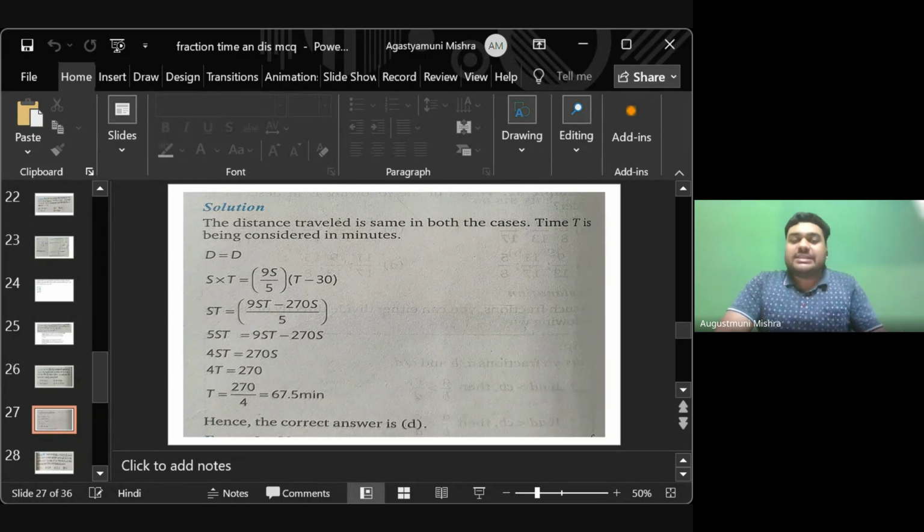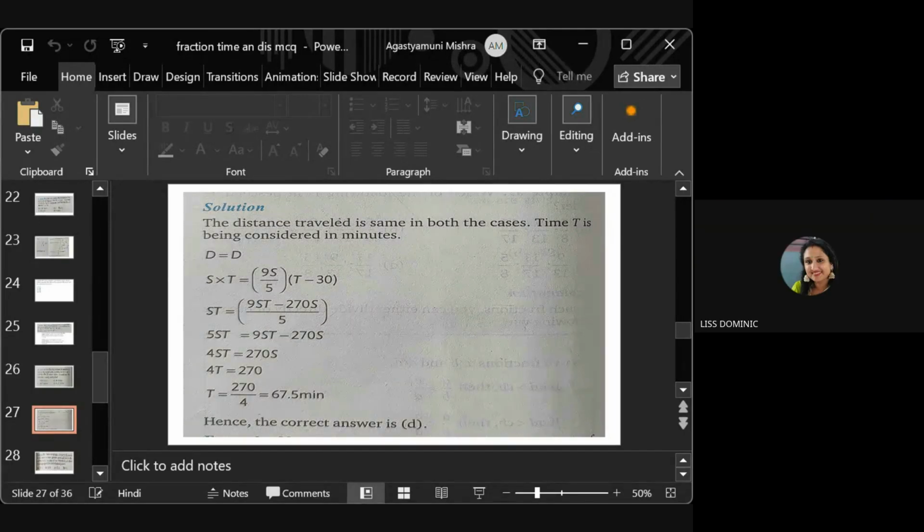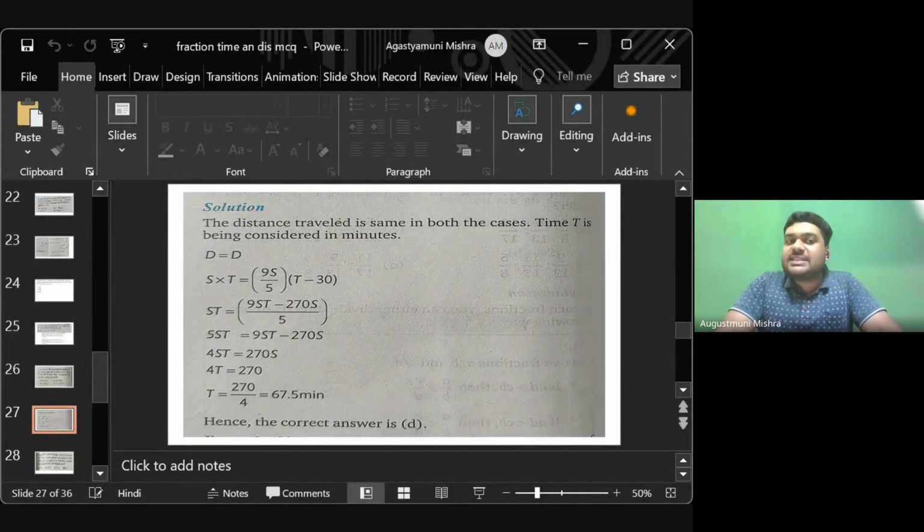This is just a comparison between two speeds, the original one and the one in which you reach the office, by comparing them equally. Do you have a doubt? Yes, definitely. How does it come to 270? Ma'am, when you multiply this 9S into T minus 30, you will get this 9S, because 5 went there.